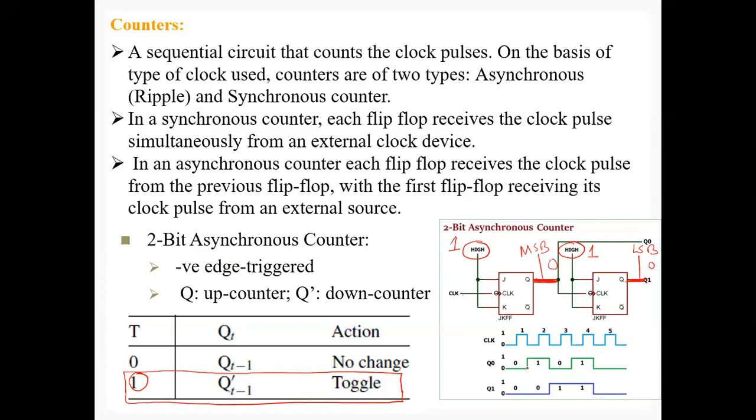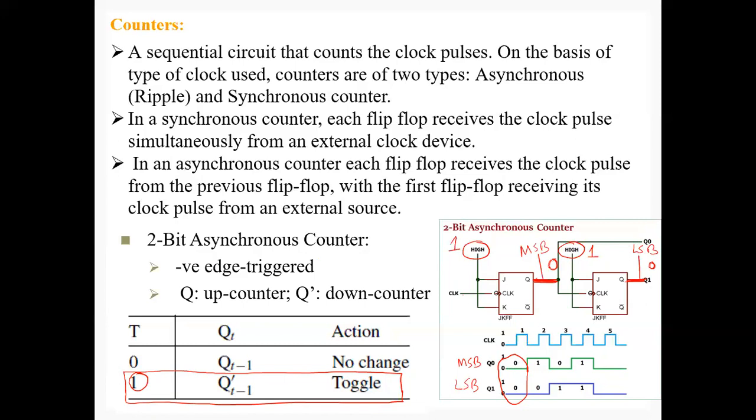How do I know? That's how I know. At the time least significant is 0, most significant is also 0, because this is my most significant, this is my least significant.